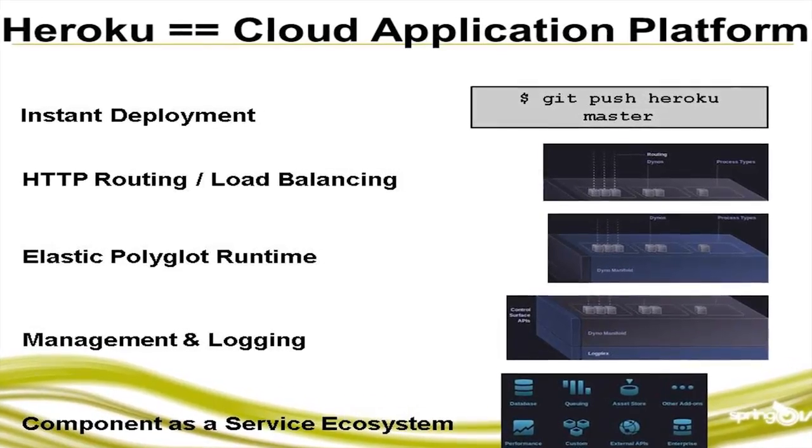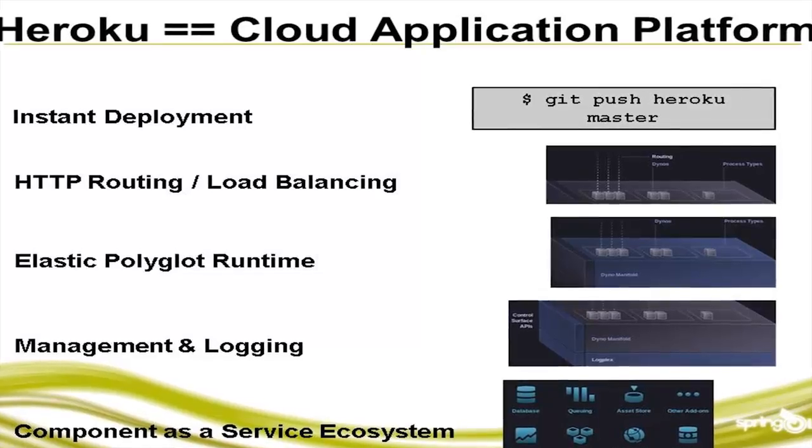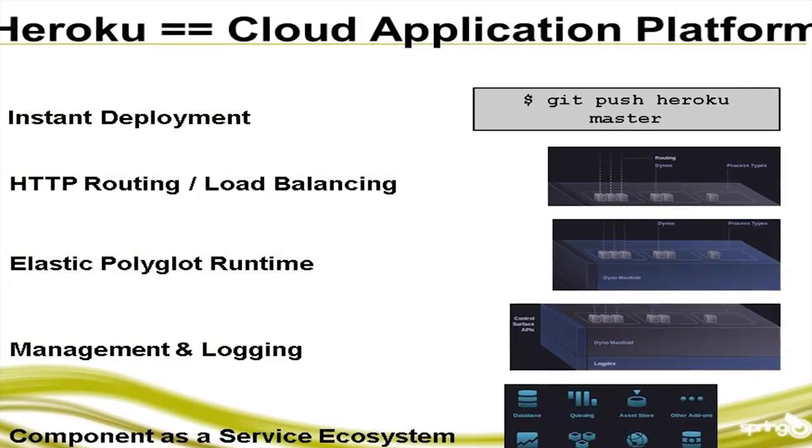I was just showing a web process today, but if you have a worker process that needs to be running all the time, processing some work, you can do worker processes as well. You scale them in the same way, you define them in the Procfile the same way. And then management and logging, that's the REST APIs that Heroku provides, the command line interface to those today. We also have a Java library that interfaces with those REST APIs, and then the logging system as well. And then the Heroku add-ons.